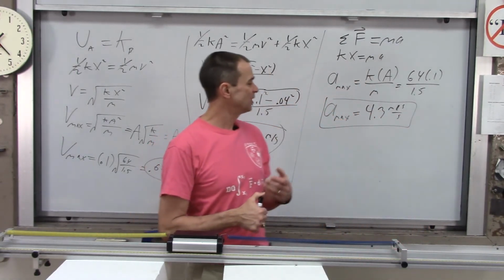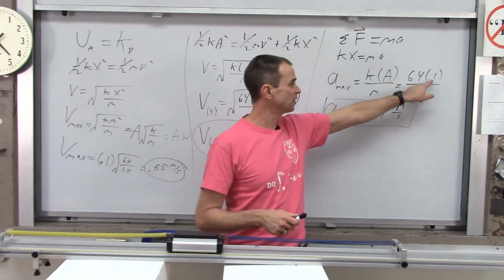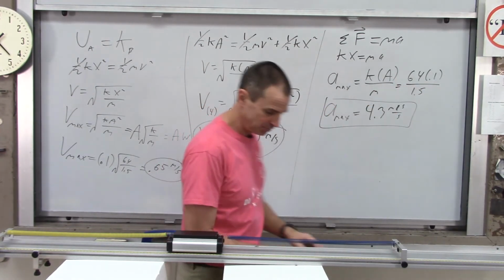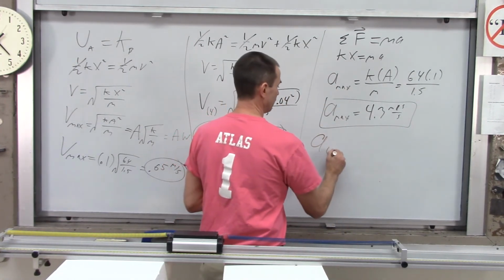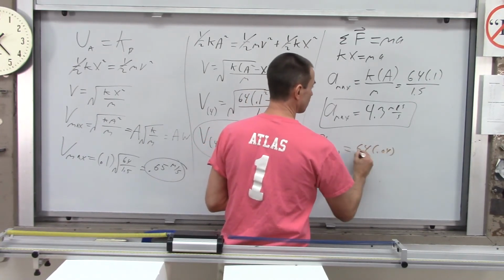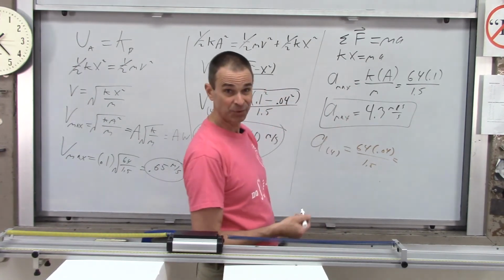To find the acceleration when you're at the 4 centimeter mark, instead of putting a 0.1 here, you just put a 0.04 there. Okay? So in that case, your acceleration at the 4 centimeter mark will be 64 times 0.04 over 1.5, which will simply be 40% of that.